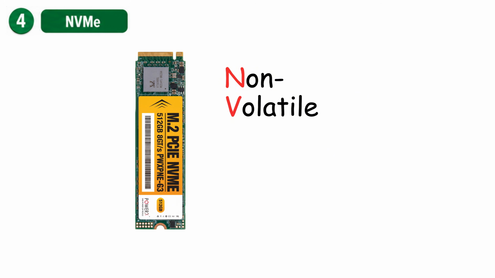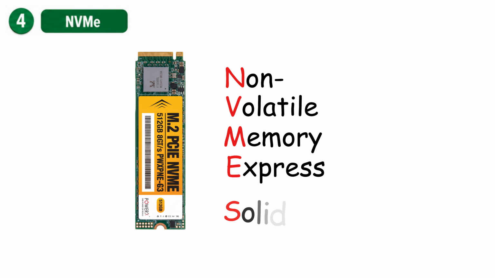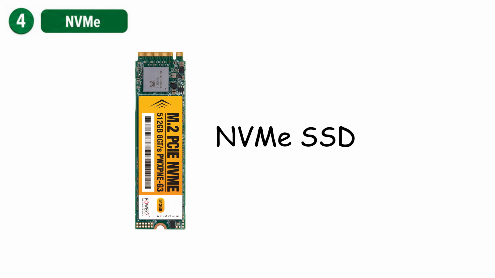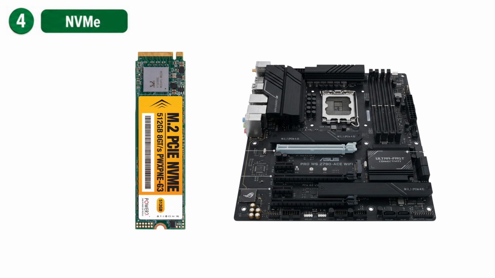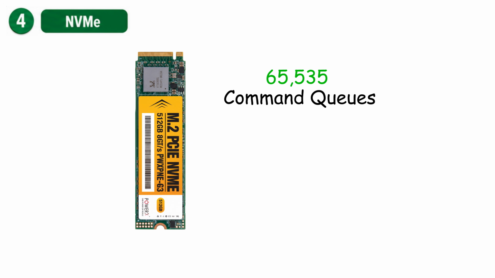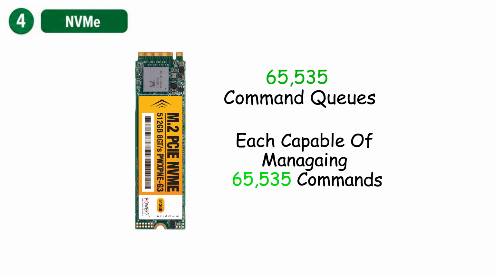NVMe. Non-Volatile Memory Express Solid-State Drive, commonly referred to as NVMe SSDs, connect directly via PCIe lanes instead of the traditional SATA controller. NVMe can handle up to 65,535 command queues, each capable of managing 65,535 commands, while SATA is limited to a single queue with just 32 commands.